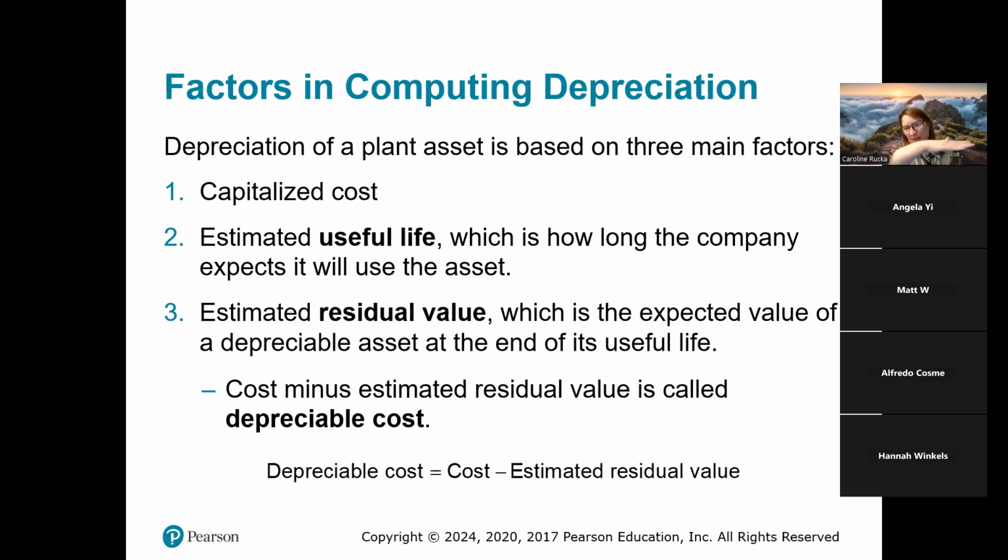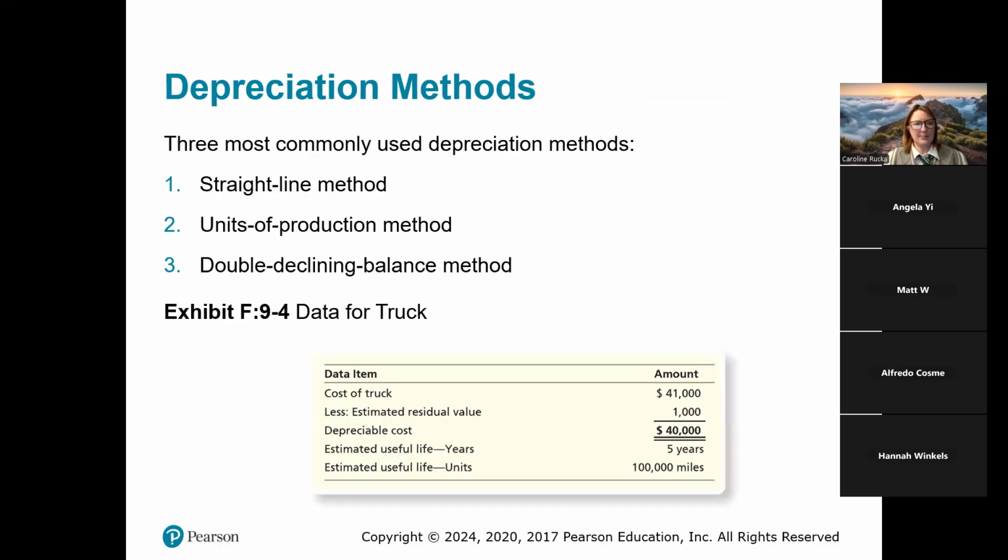That's the cost we need to spread out over the life of this item. Now, how do we spread this across the period that we have this asset? There's a few different types. Some of these are more commonly used than others.